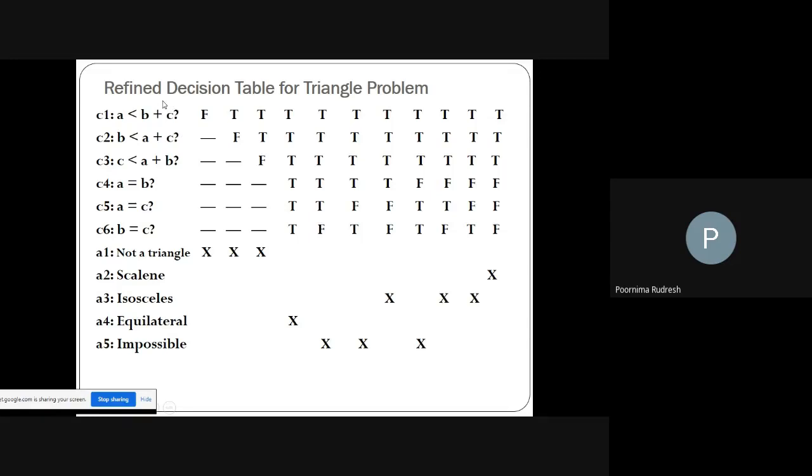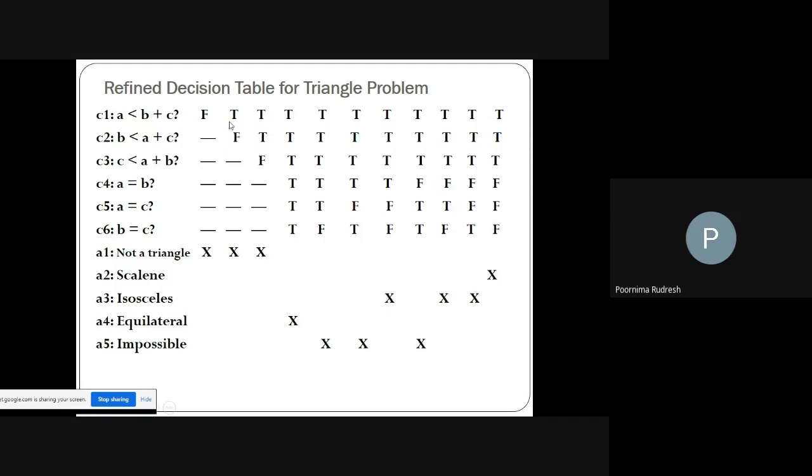The condition C1 says whether A is less than B plus C or not. If it is false, means if one of the conditions fails in these three conditions, then directly the program outputs not a triangle, means we cannot form a triangle if this condition is not satisfied.